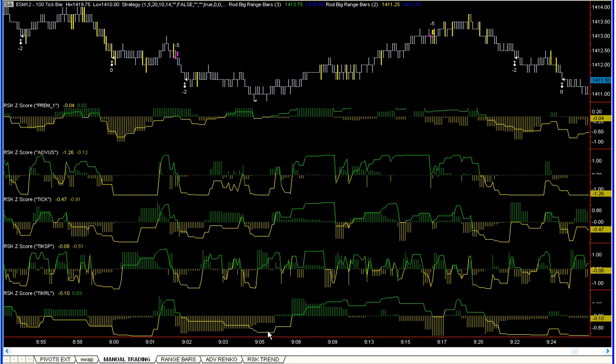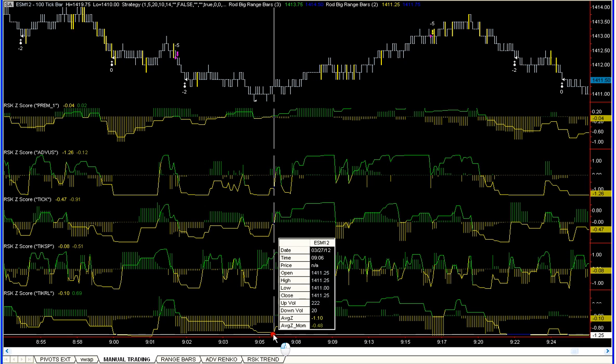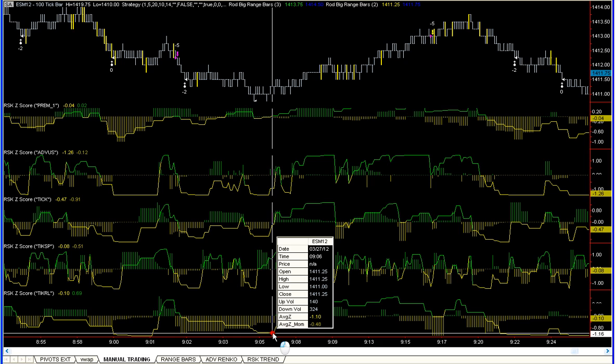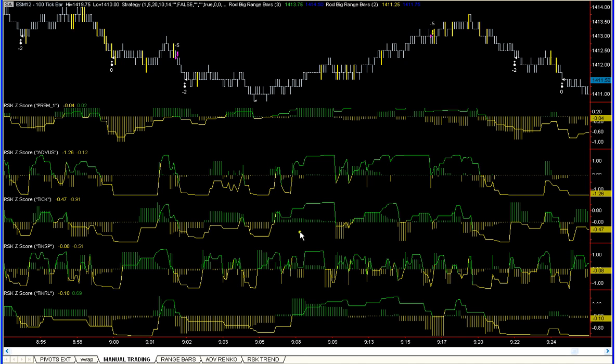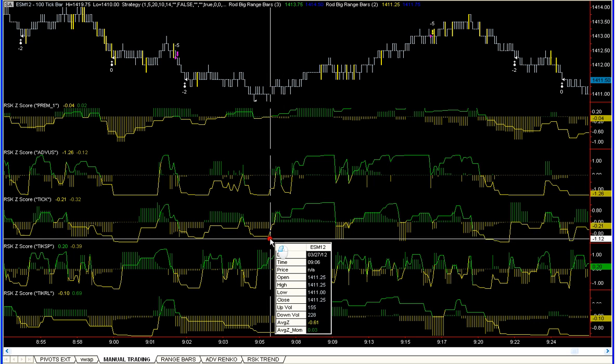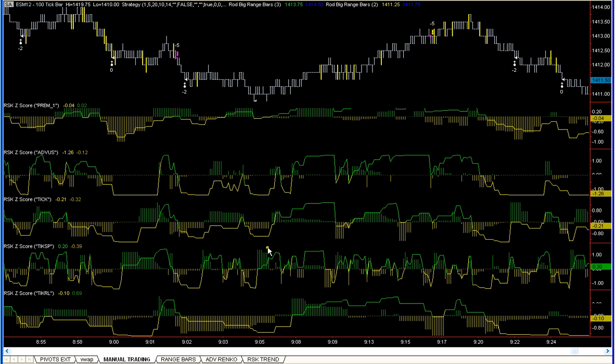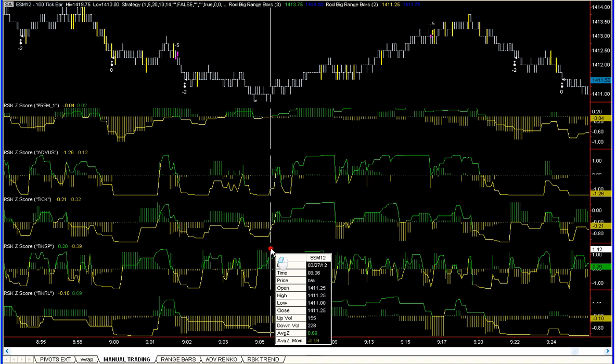It's below the zero line, a little more than 1 standard deviation below. All right, now you're 1 standard deviation below on the AD. You're quite divergent on the tick here, right? Because now you're above. It didn't all agree until right in here.